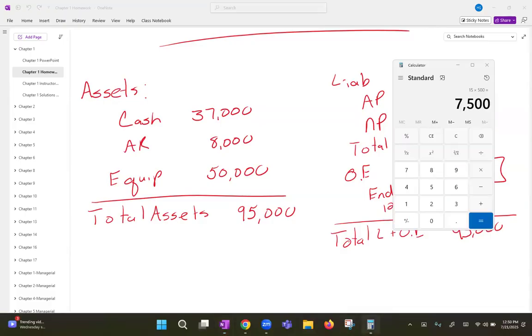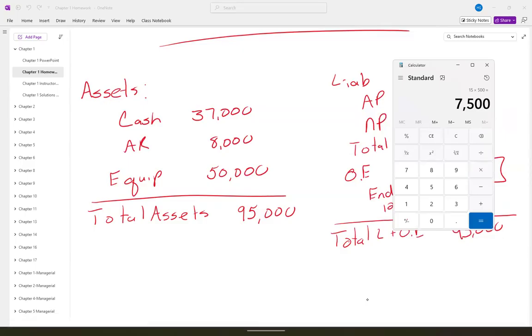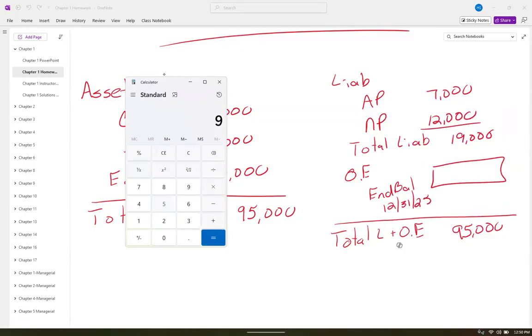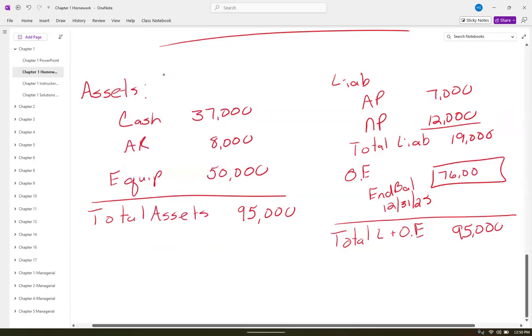So I have my calculator pulled up right here. So we're going to come over here and we're just doing an algebraic equation. If it had been an algebraic equation, y'all could have probably answered it. That's okay. So we had a total of 95,000. We're going to subtract out the 19,000, which is our liabilities, which makes our ending owner's equity 76,000.